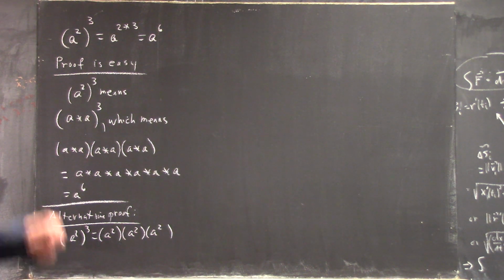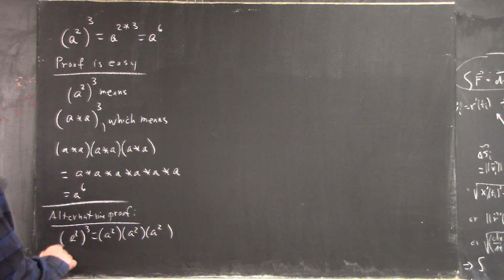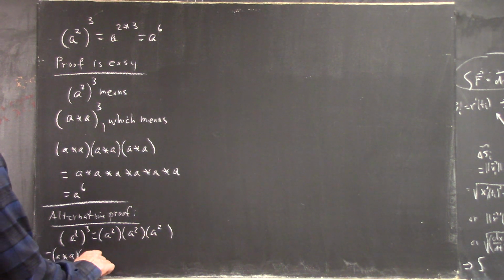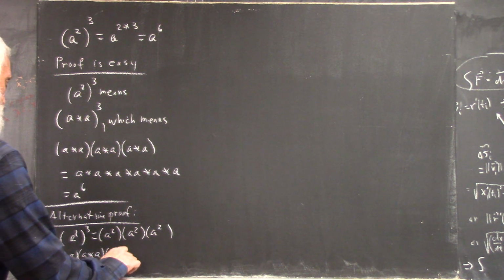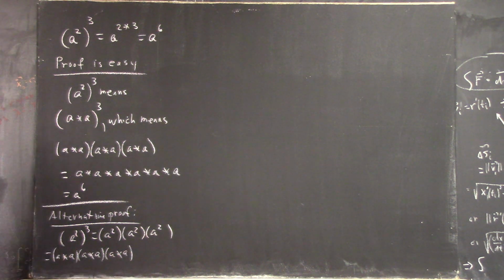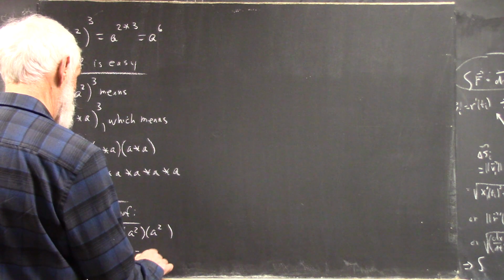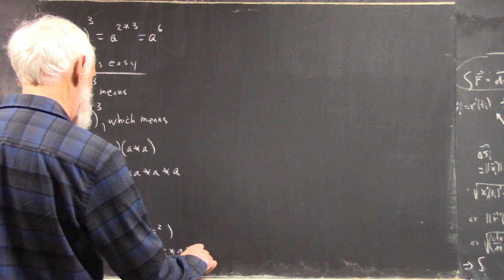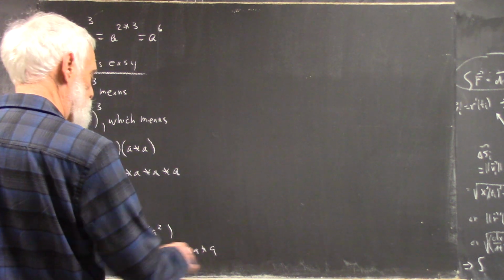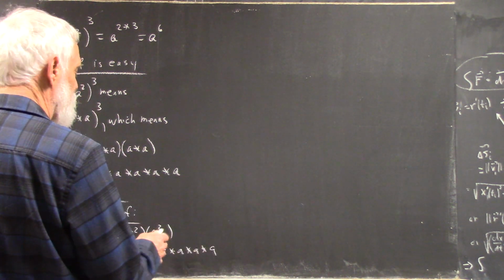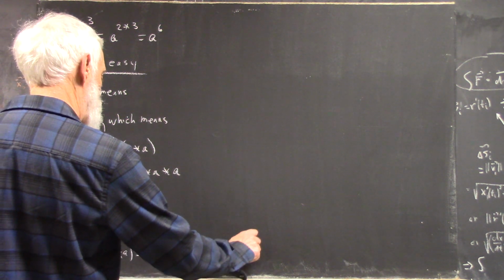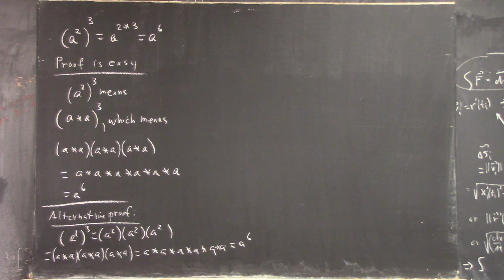And of course, that equals, I guess I'll write it out, but at this point you're kind of tempted to just put an ellipsis, 3 dots down, and say it equals a to the 6th, but we'll write it all out. And that equals a to the 6th, right?